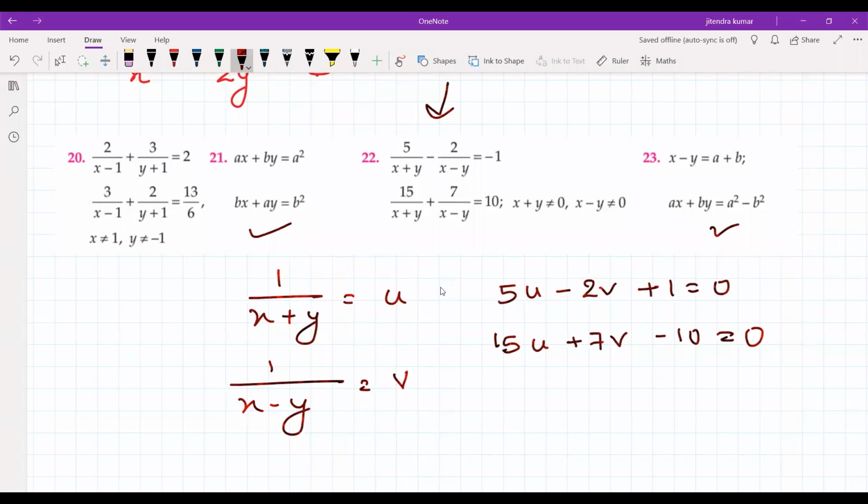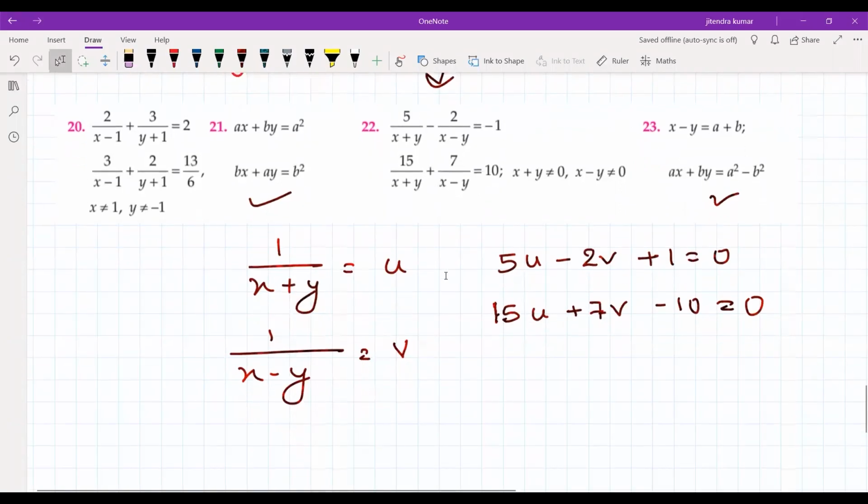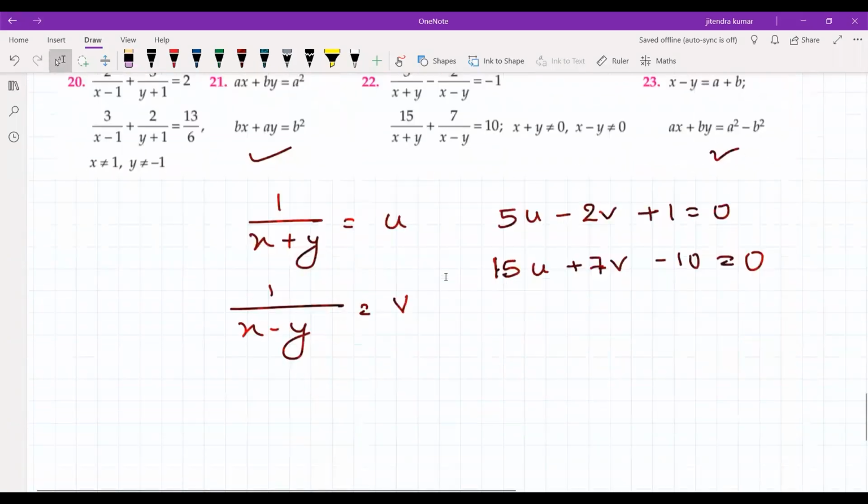So now these two equations can be solved easily. Please solve these two and give the value of u and v.